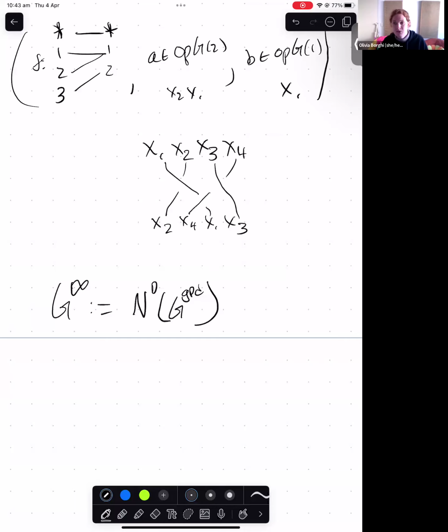And specifically, it's going to give us a category enriched in Kan complexes, because the nerve of a groupoid is a Kan complex. And then if I take the homotopy coherent nerve of that category enriched in Kan complexes, it's going to give me a quasi-category, specifically because it's enriched in Kan complexes. So G infinity is a quasi-category.